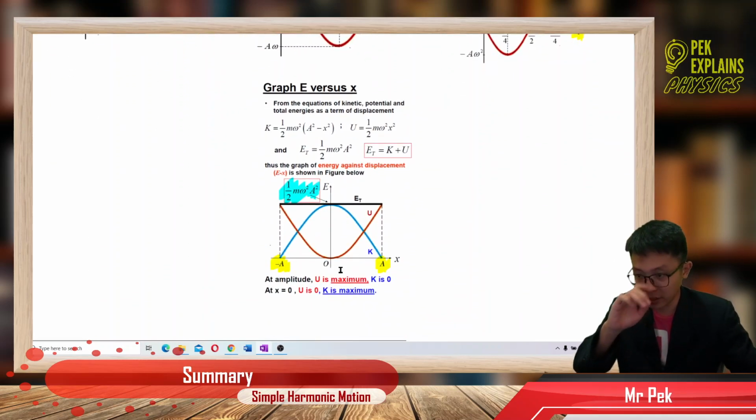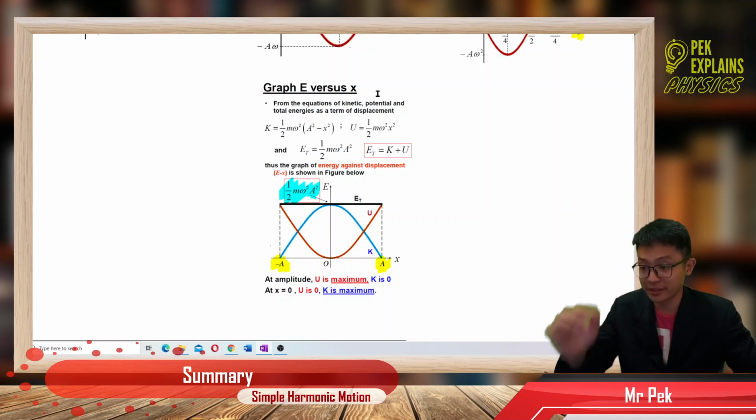Okay, then we have the energy versus displacement graph. Using this equation, we have kinetic energy versus displacement, potential energy versus displacement, and total energy versus displacement. For total energy versus displacement, we have equilibrium at x equal to 0, and x equal to the amplitude, positive amplitude and negative amplitude.